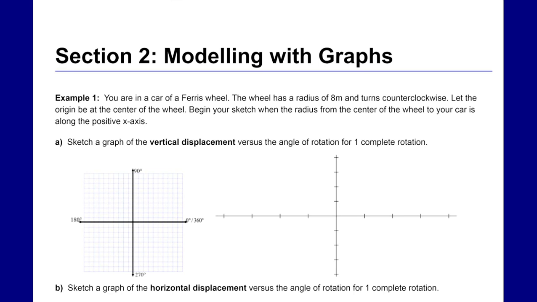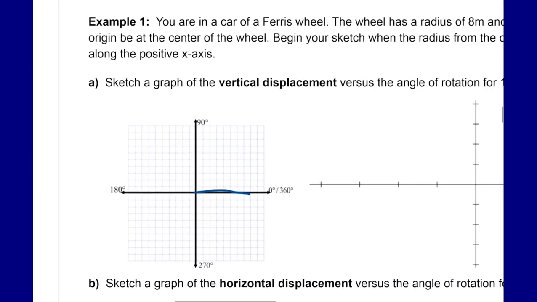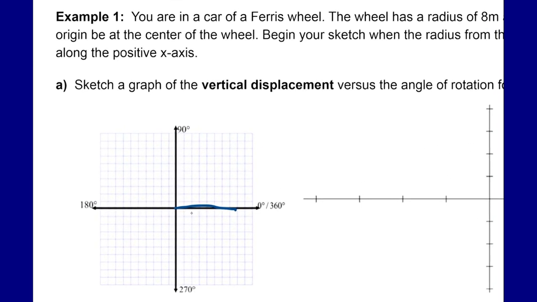If I'm beginning, my car is along the x-axis, and it's being stretched out from the radius. So if I have a radius of 8, let's count: 1, 2, 3, 4, 5, 6, 7, 8.